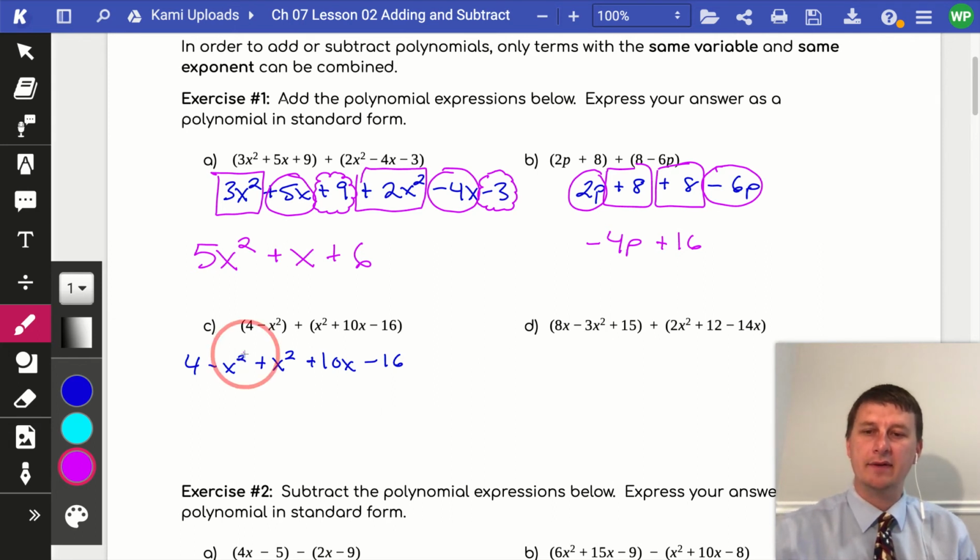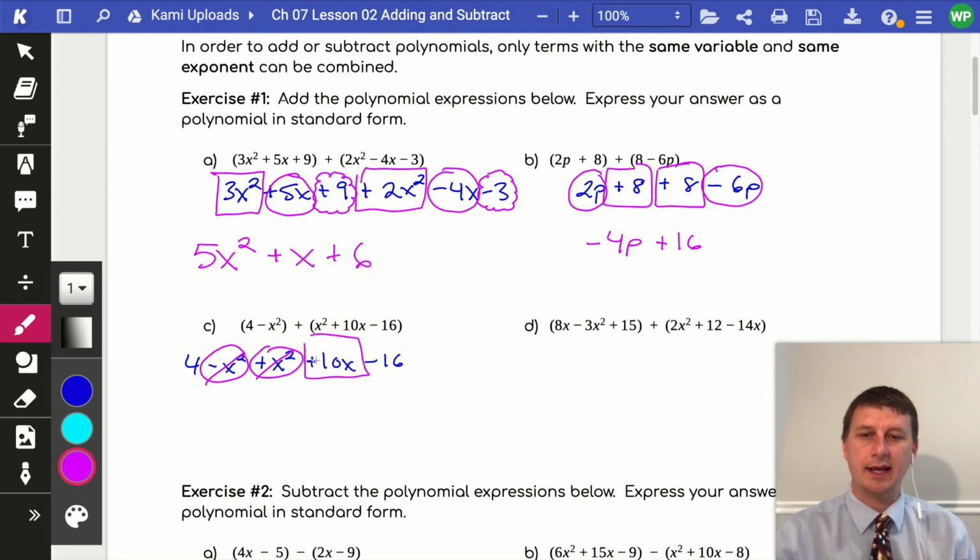So I have a negative x squared and I have a positive x squared. A negative x squared and a positive x squared are actually going to cancel out, and I'm going to have 0 x squareds. So now I look for my x's. Here we go. I've got 10x here, but that seems to be the only place I have x's. So let's write 10x in our simplification down here.